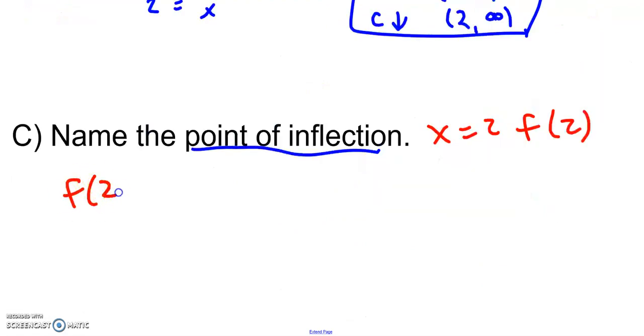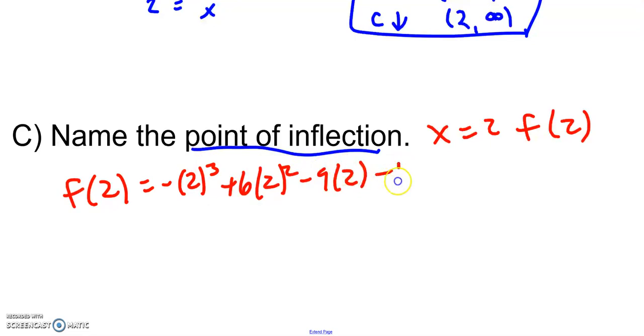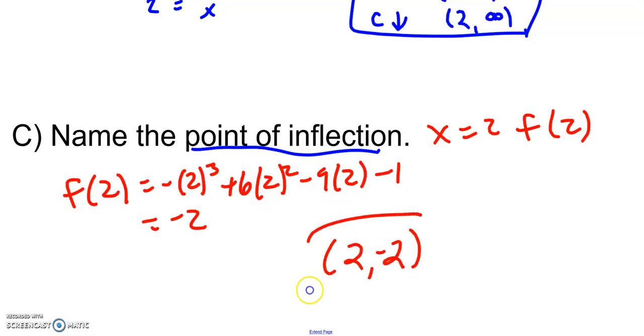So f of 2, plugging that into my original function, and I do my calculations. I get that to be negative 2. So my point of inflection is 2, negative 2. Again, that's where it goes from concave up to concave down. And this concludes our notes on concavity.